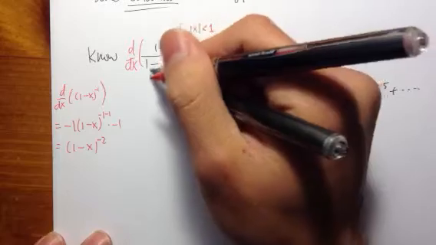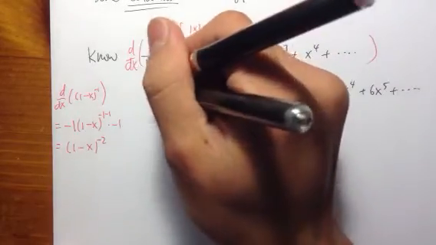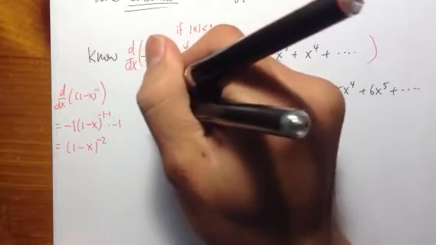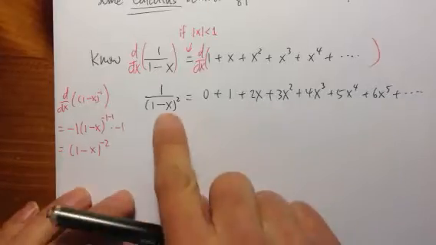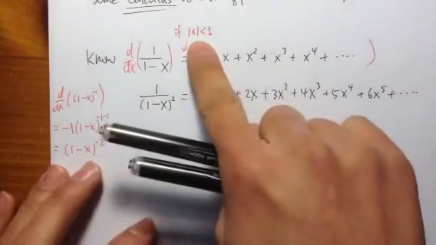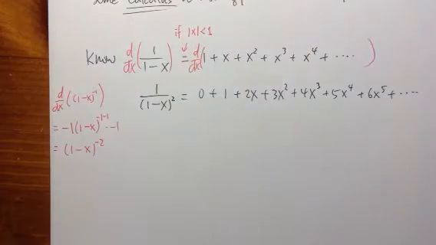So the derivative of 1 over 1 minus x is 1 over (1 minus x) squared. Again, this is equal to the series as long as the absolute value of x is less than 1. That's a concept of convergence, but I'm not going to get into it.